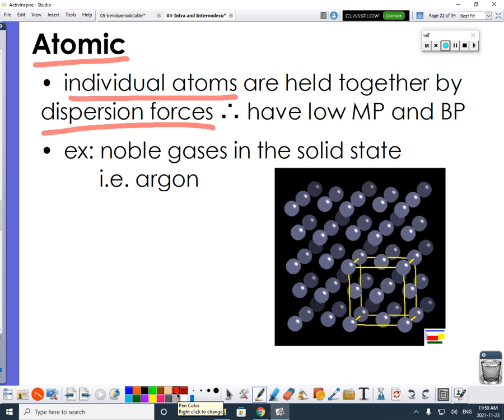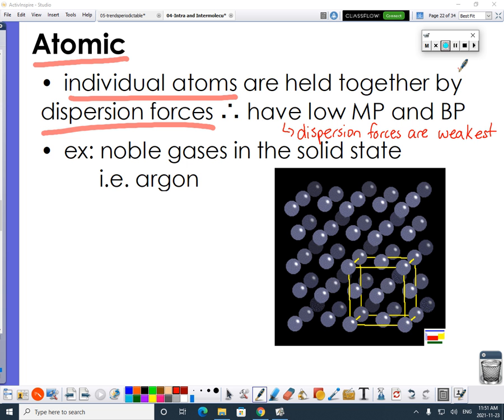As we talked about yesterday, dispersion forces are the weakest, which means that they have low melting and boiling points. Because they have very weak dispersion forces, they are very weak solids.